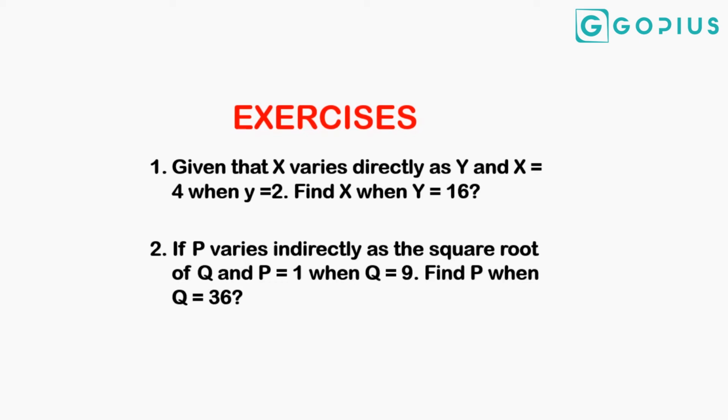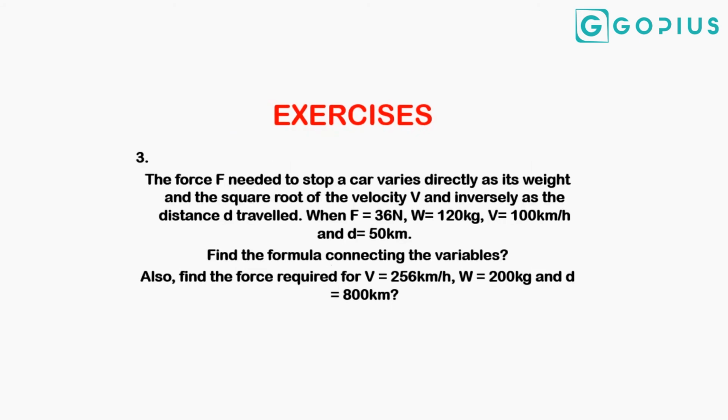All right, I'll take time to explain the last question. I'll take it myself so we can solve it together. This is a case of a joint variation, and what we have is that a force F needed to stop a car varies directly as its weight and also the square root of the velocity, and inversely as the distance traveled.